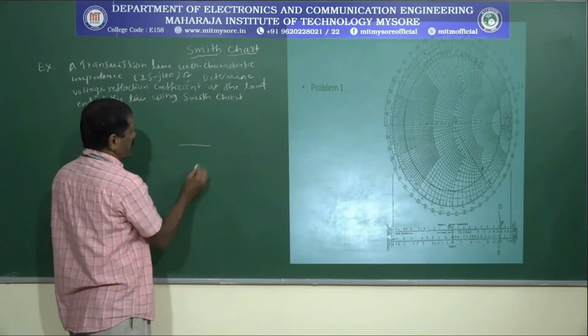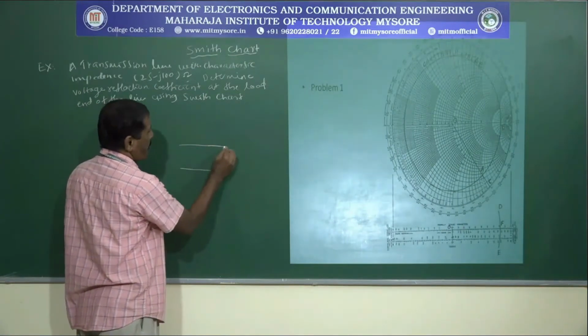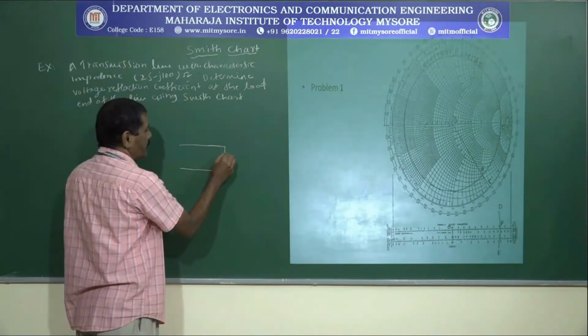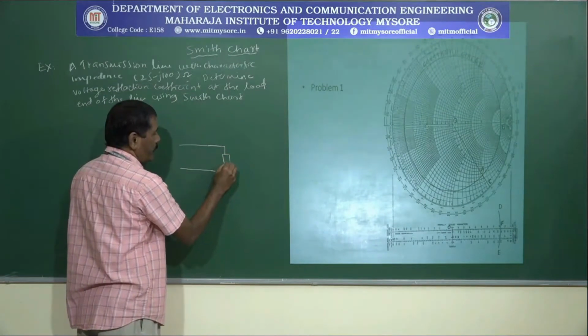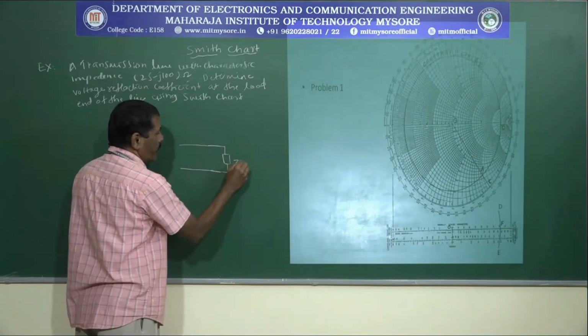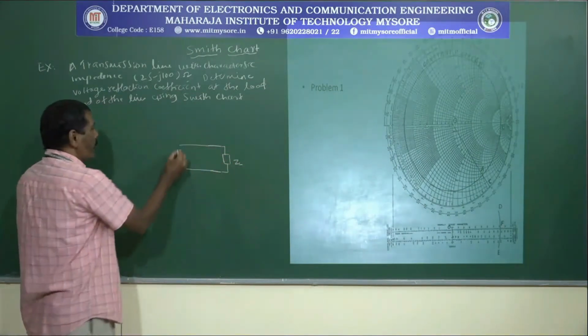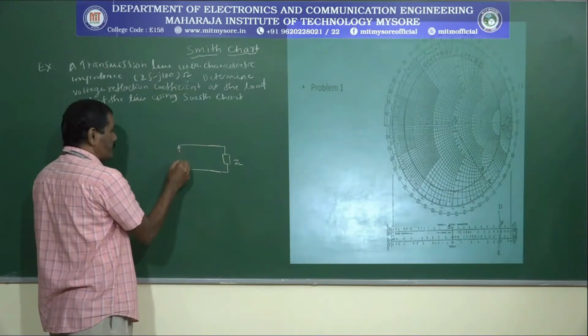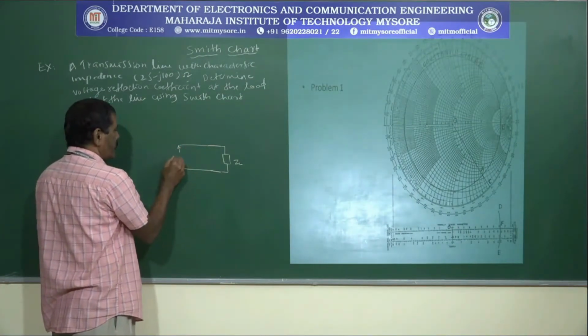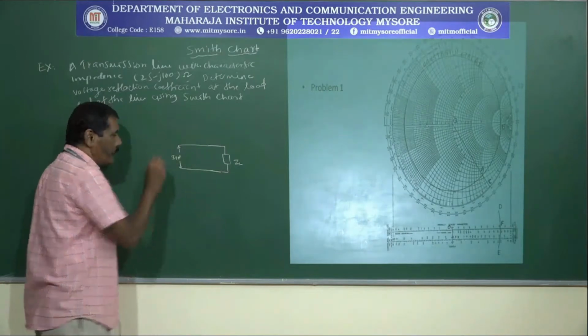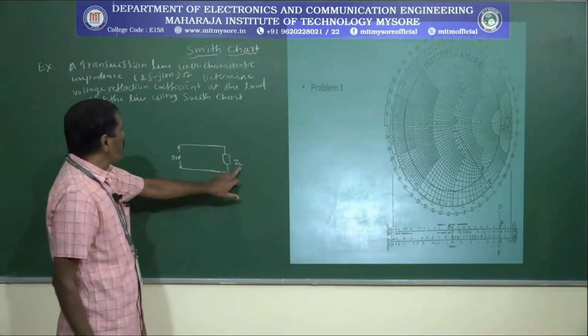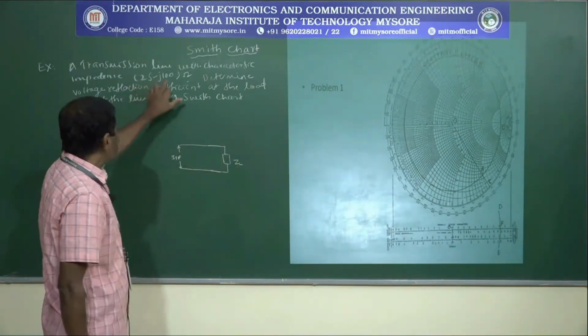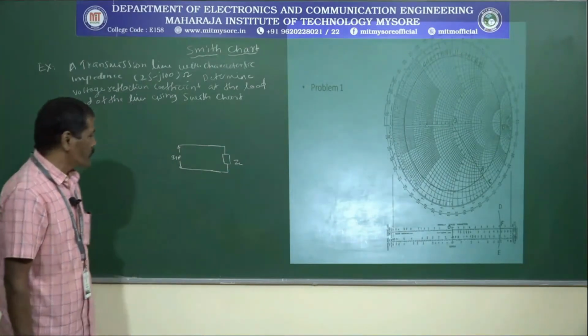Now, this is a transmission line, and here you have connected a load ZL, and this is the input side. Whatever the load that has been connected here, it is 25 minus j100 ohms.